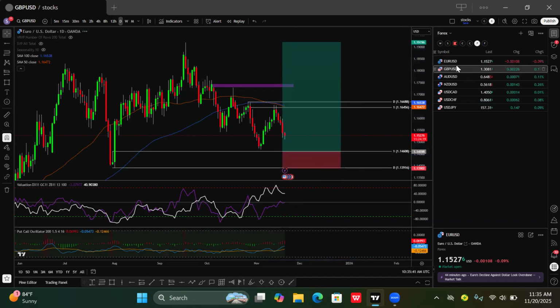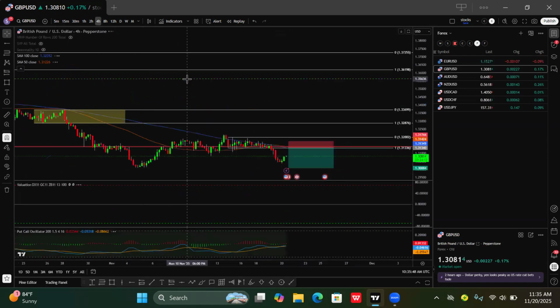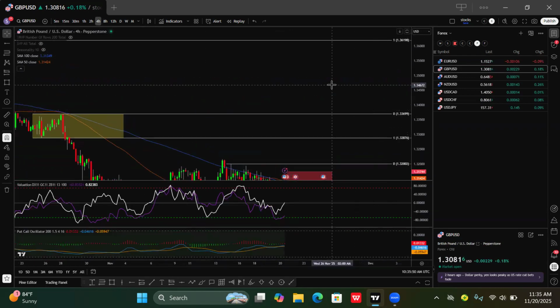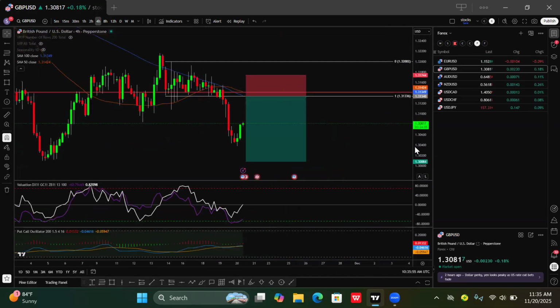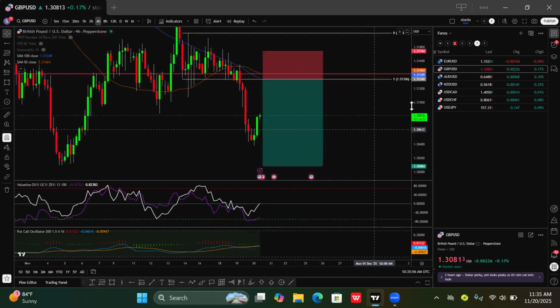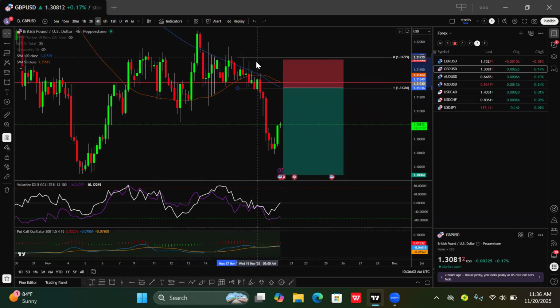Now, pound, I don't really like the pound much, and obviously I'm still willing to go short this pair if it comes back up into this 4-hour zone.